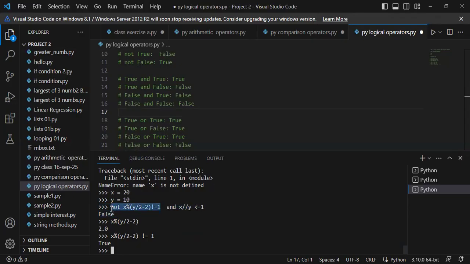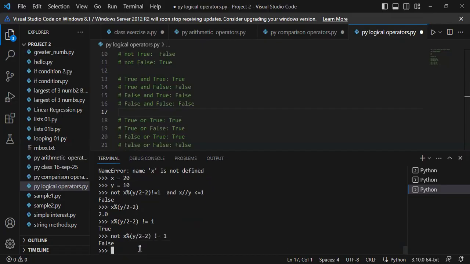Yes, we got false on this side before. So false and false gives what? False and false gives false. So the answer is false. This one is a very big false because both sides are even false.